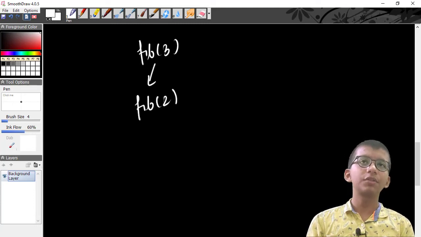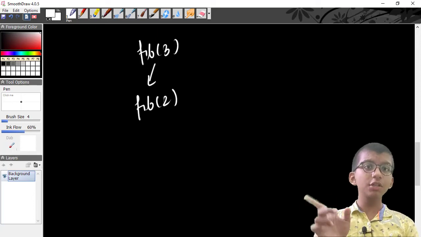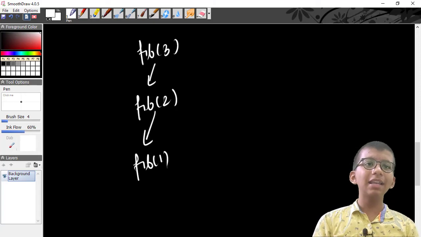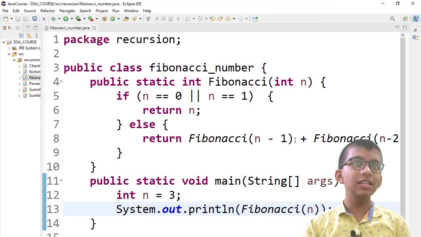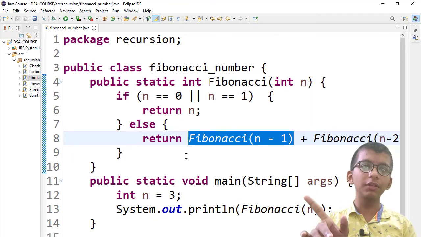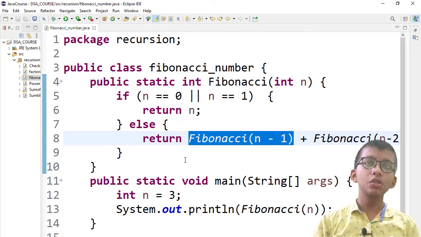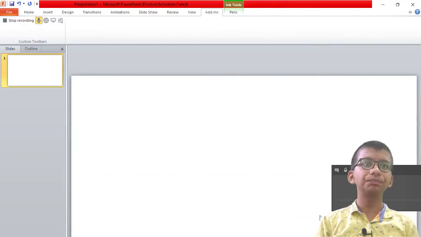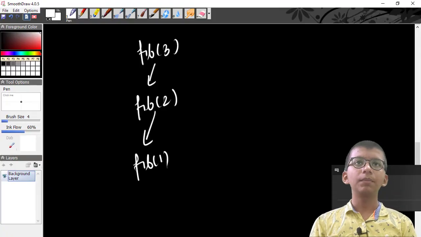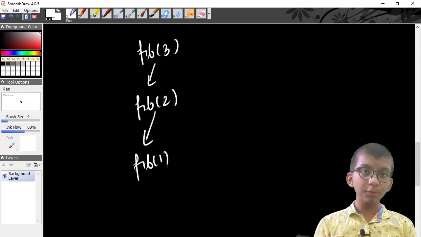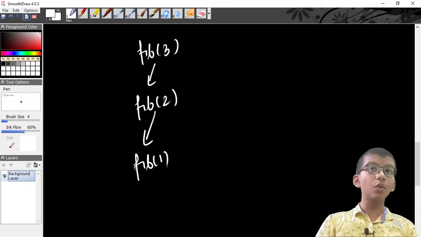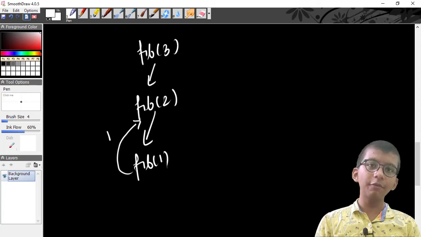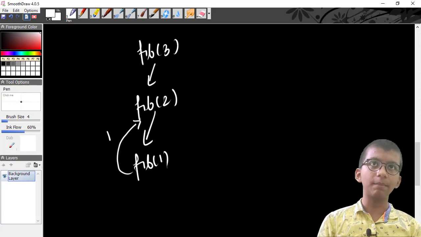Now Fibonacci of 2 wants Fibonacci of 1, and I assume this function runs first, because only one function will run at a time, and then it will go on to the other. Fibonacci of 1 is the base case. If n equals 1, we return 1 to Fibonacci of 2, which is waiting for Fibonacci of 1.